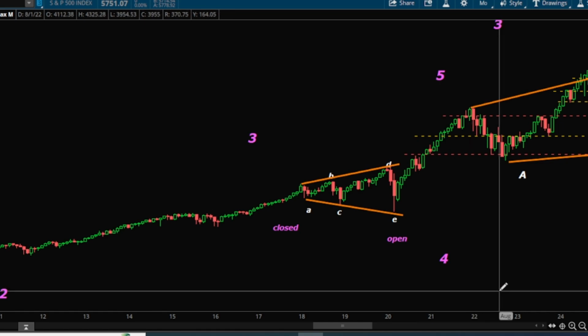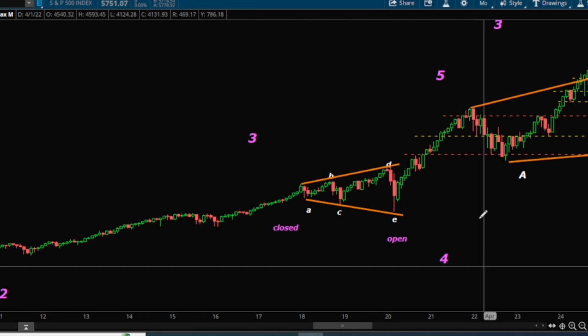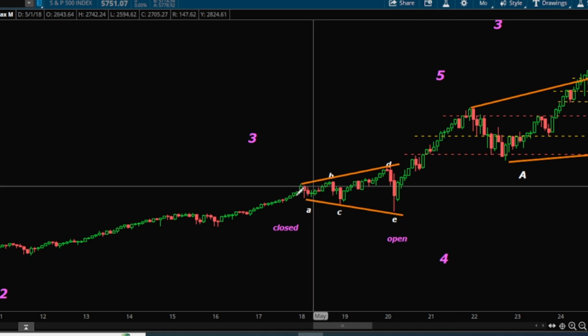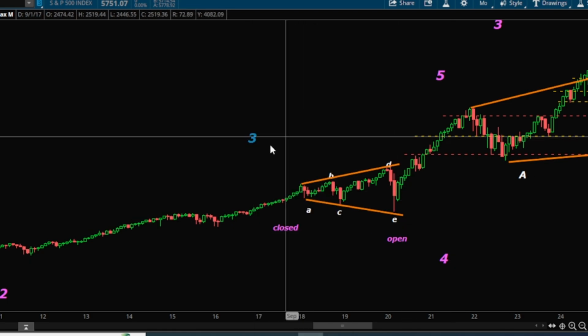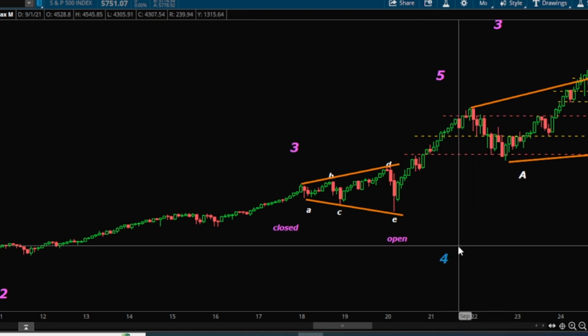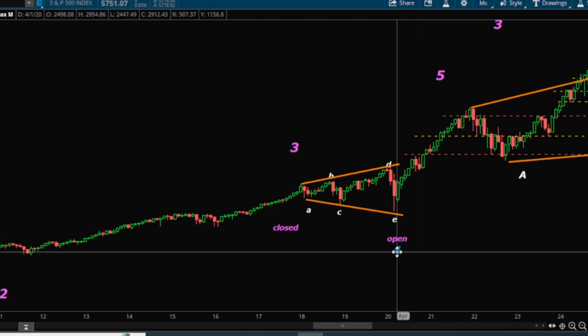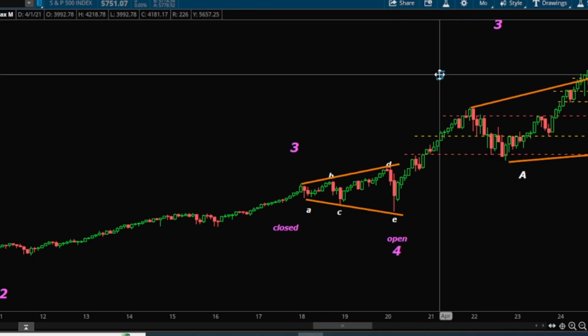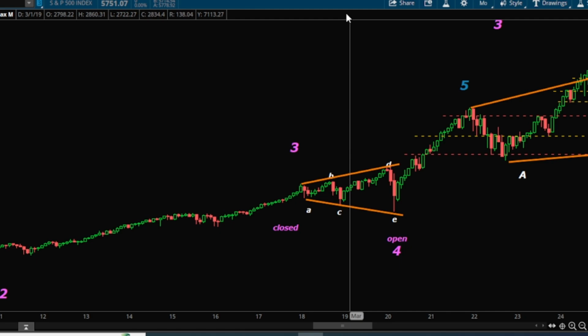The other would be to forget about the triangle pattern for a second and just say that maybe this 3 was back here at 2016, and then the wave 4 was actually the end of COVID. And then 5 would have been here.